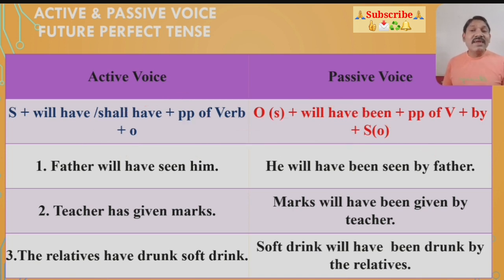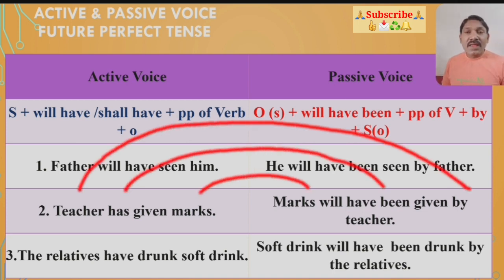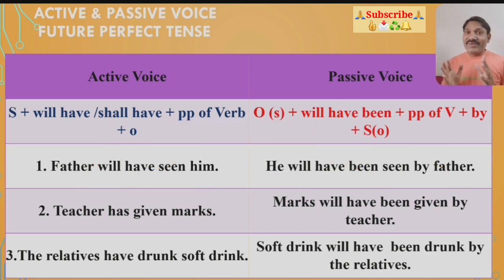Okay, now the next one, teacher has given marks. So teacher is subject here, has given is a verb here, and marks is the object. Now marks will be subject, teacher will be object. So marks will have been given by teacher. So here now marks is a subject, and teacher is an object. Now the third one, the relatives have drunk soft drink.